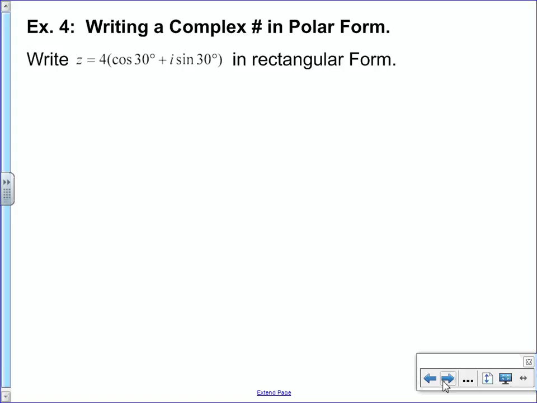Alright. Changing it into rectangular form, it's super easy because it's just r cosine theta plus i r sine theta. So if you go ahead and distribute the 4 and then calculate it, you would have z is equal to 4 cosine 30 plus 4i sine 30.